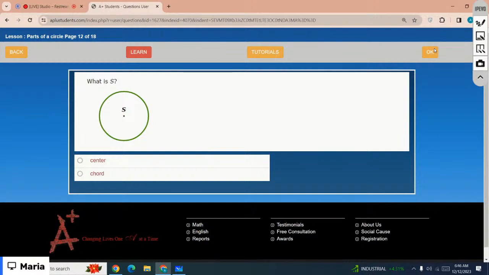What is S? S is the center of the circle. The correct option is center.